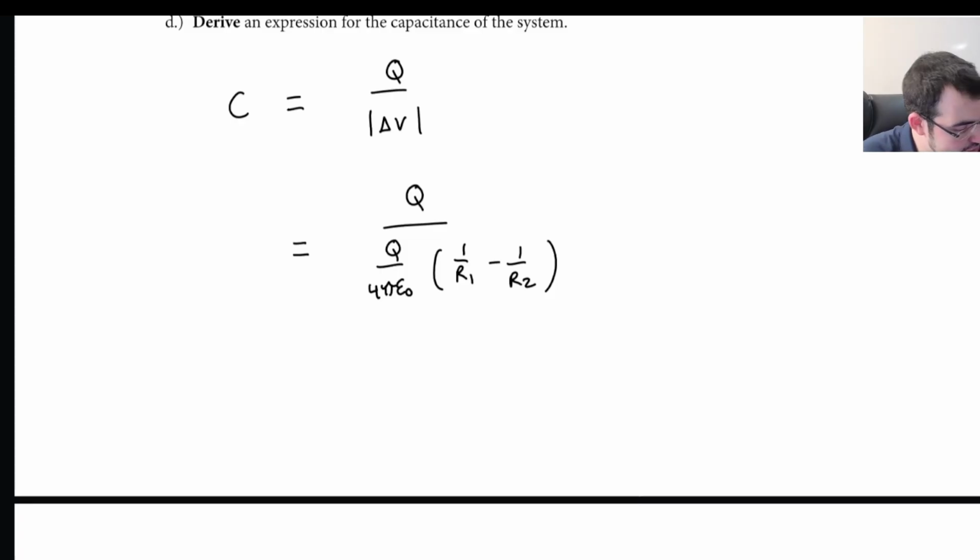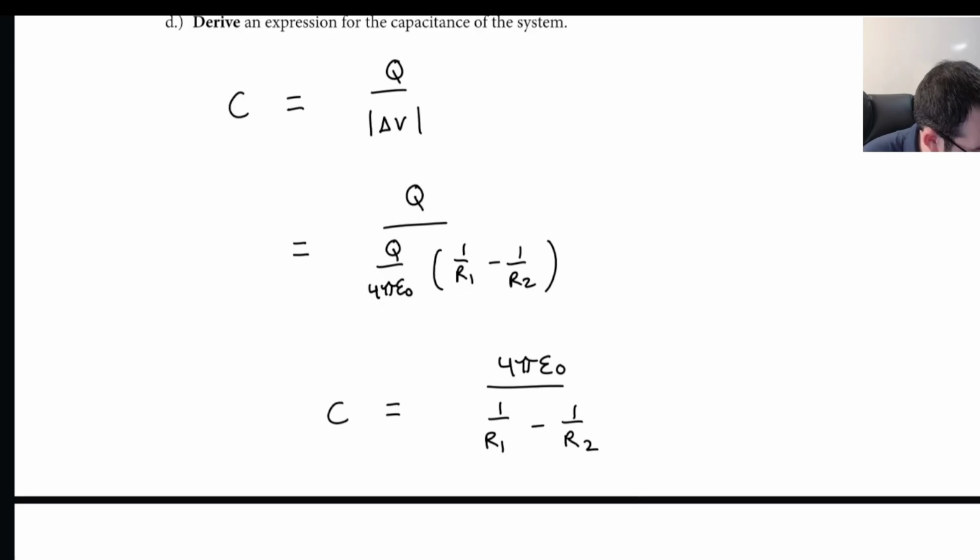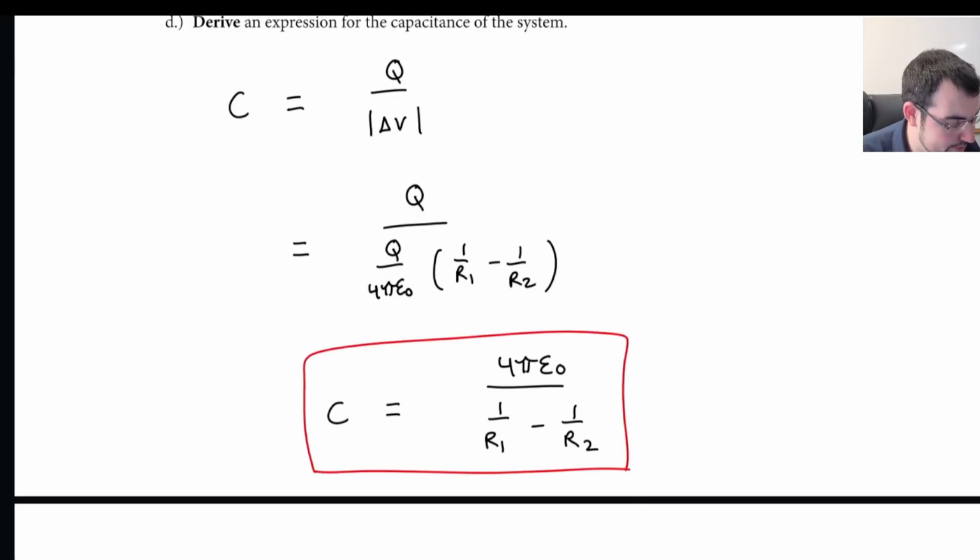So good thing Q divides out. And my 4 pi epsilon naught goes up to the top. So I can write C is equal to 4 pi epsilon naught divided by 1 over R1 minus 1 over R2. We could simplify further if you'd like, but I'd like to leave it like that. So notice that R1 and R2 are the sphere radii. Those are geometric factors, and the rest of the stuff is constant.